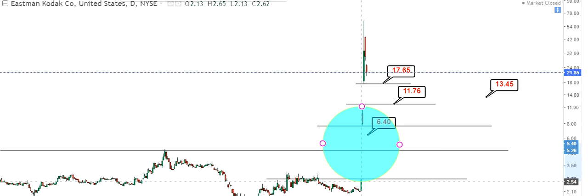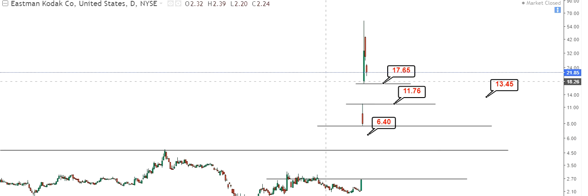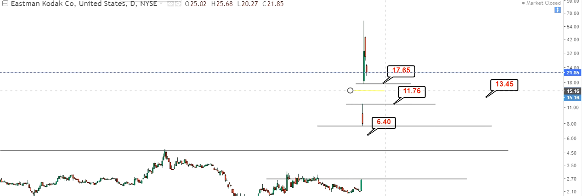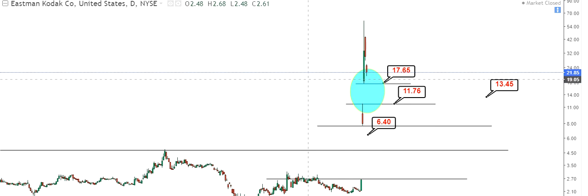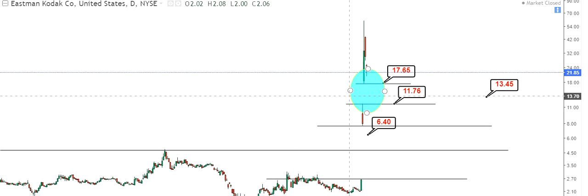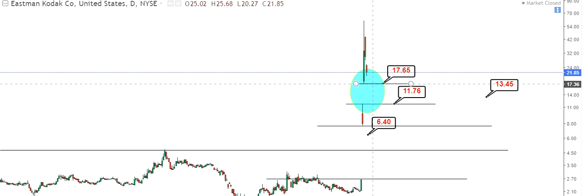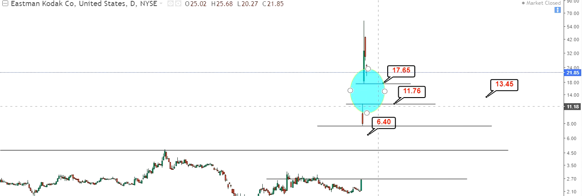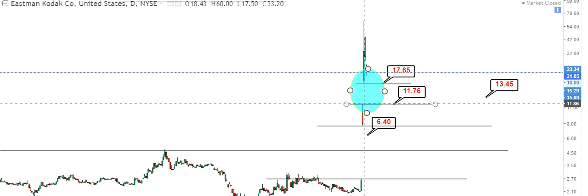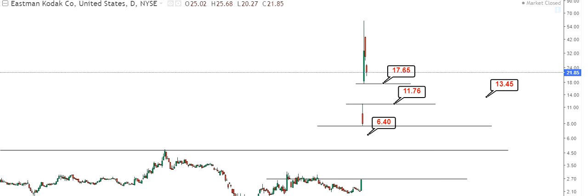That will be dependent upon the upcoming stock trend. But what I'm considering and expecting right now, the way the stock price is moving, is that if it breaks below 17.65, it will try and fill up this gap by retesting this level of 11.76.